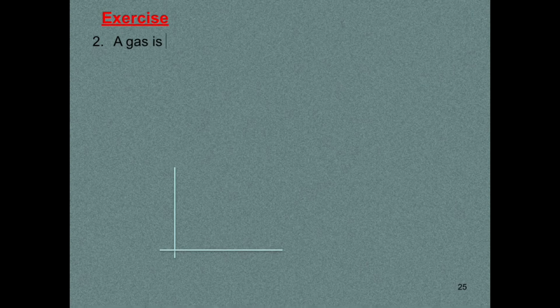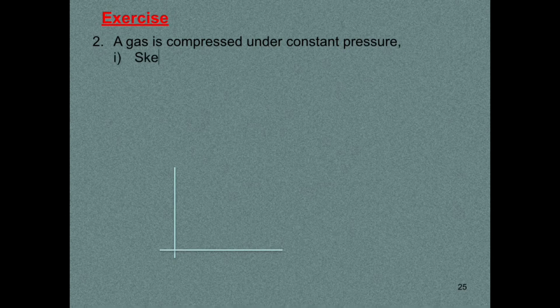Okay, now we will move to question number 2. A gas is compressed under constant pressure, so that it is isobaric. Number 1, sketch the pressure volume graph. So we need to sketch a PV graph.